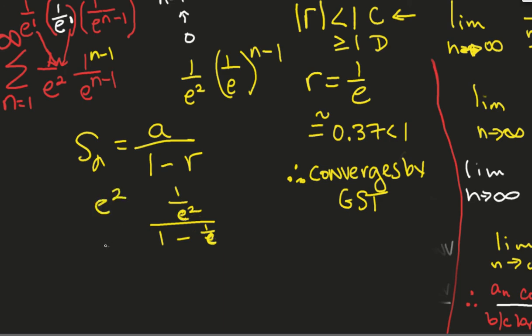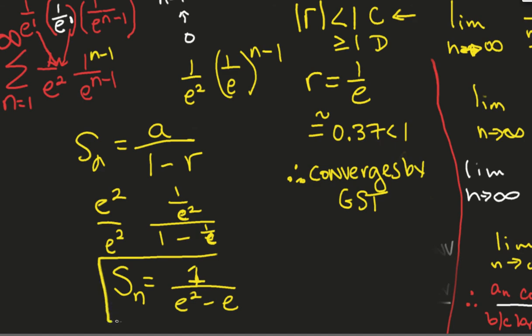When you multiply both top and bottom by e squared, they cancel on top, leaving you a 1. And then on the bottom, you're going to get e squared minus e. Because you can't be guaranteed you can have a calculator on the test, right? Some professors don't even let you. They always let us have one, but you're right. It's better to get that answer. No worries.